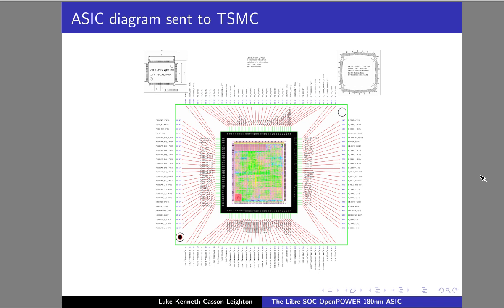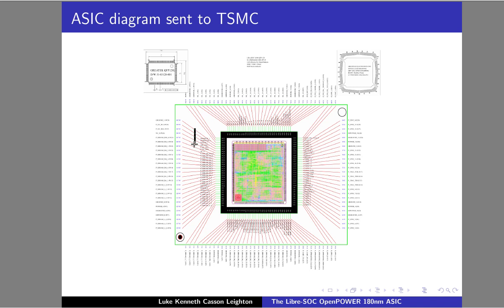So this was the ASIC diagram that was sent to TSMC. You can see here in this top corner there's the actual quad flat package that was used. TSMC need this diagram containing the pinouts for the boundary scan here, plus an identification tag in this corner, which they will be able to send to the factory to get the orientation right.